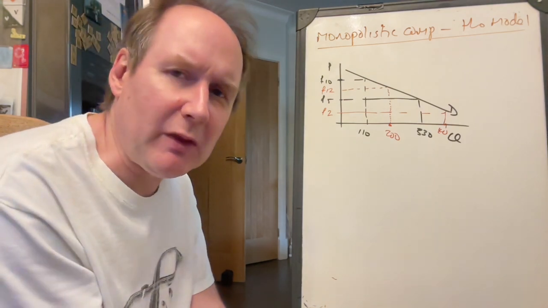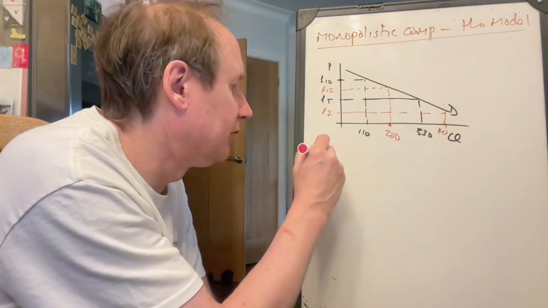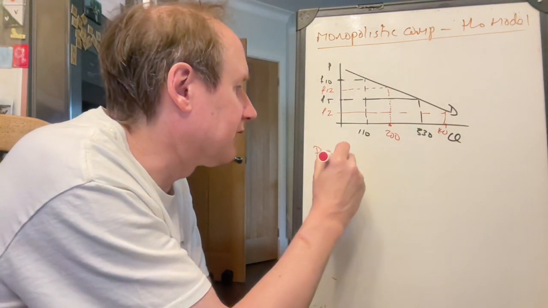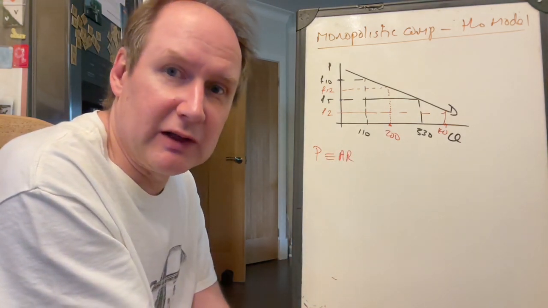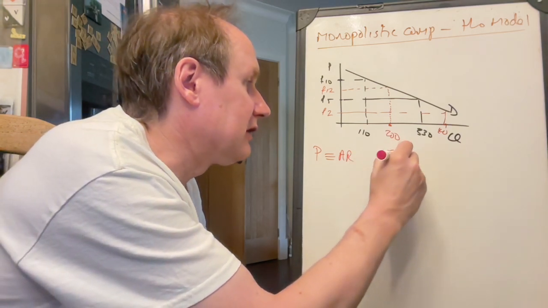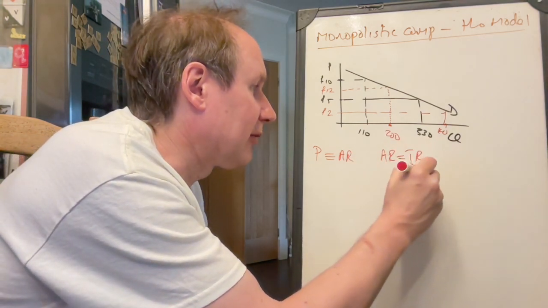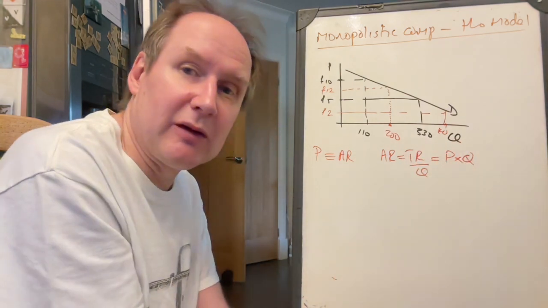But you see, the thing about price is, it's also always equal to, assuming we have a single product firm, average revenue. And let's see why that is the case. We know that average revenue is total revenue divided by output. Total revenue is price times quantity.